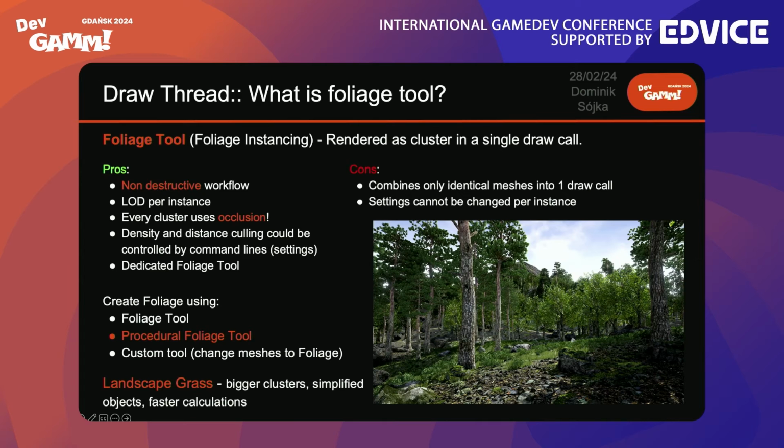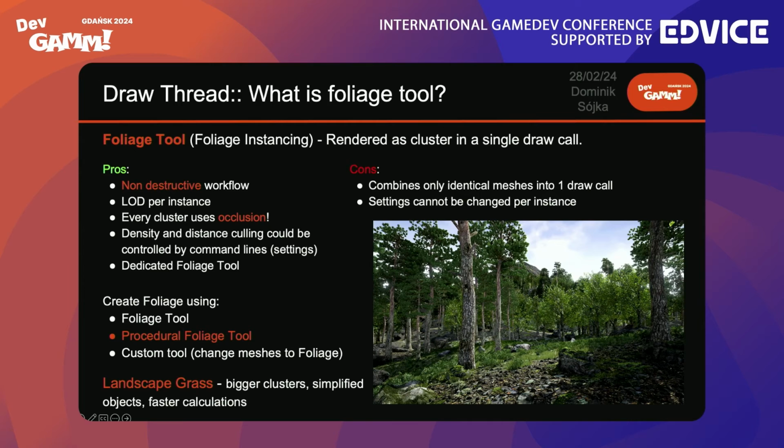It's much better because you have occlusion on the objects, so all the objects that are not visible will be culled based on the cluster settings. You can create foliage using, of course, the foliage tool, the procedural foliage tool, or create your own tool that, for example, could gather all the objects in the scene and change them into foliage automatically.